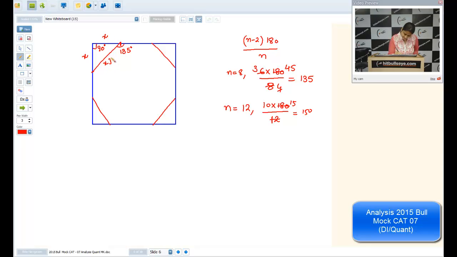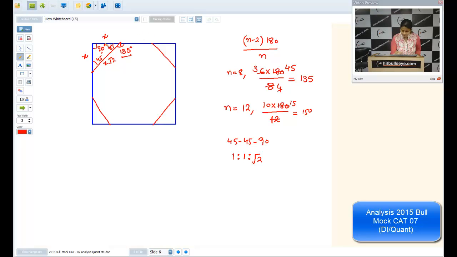So this length will be x root 2. If this is 135, this angle is of 45 degrees, and you know, if I take this triangle 45, 45, 90, the side ratio will be 1:1:root 2.